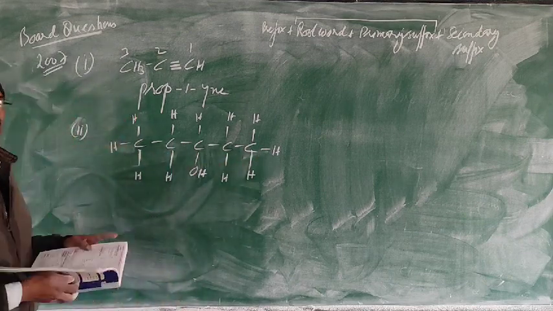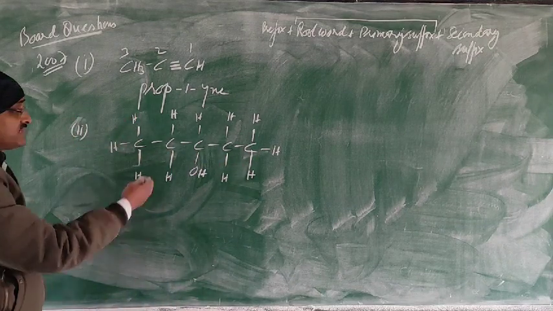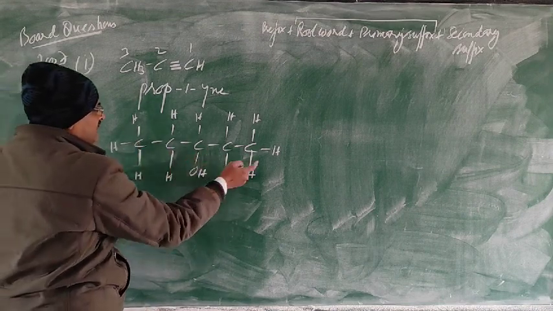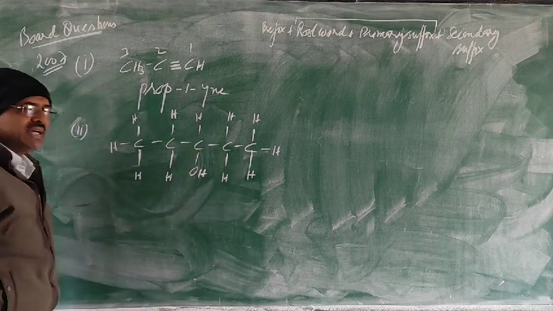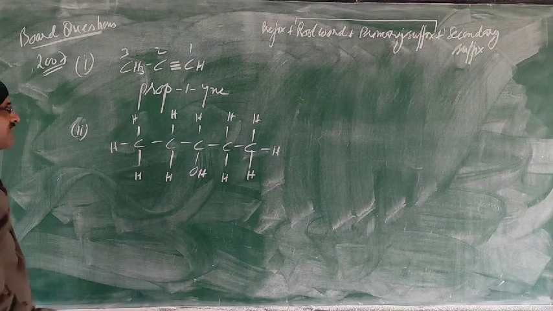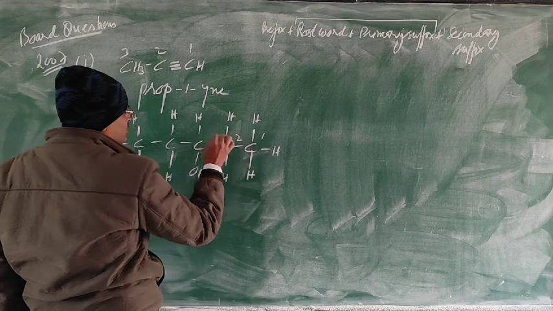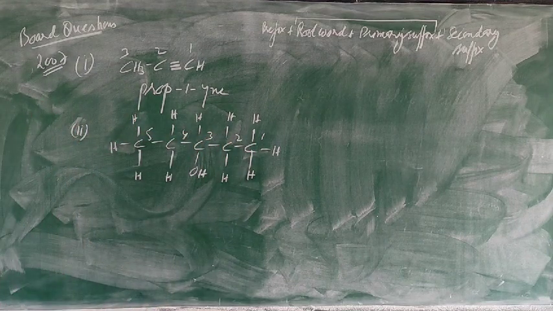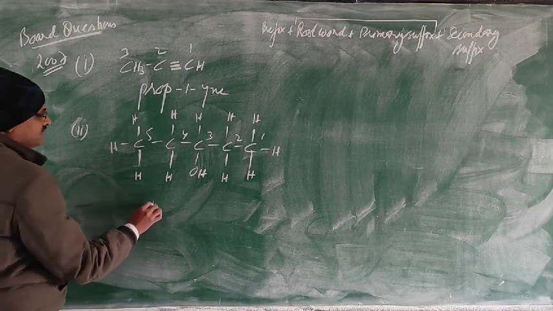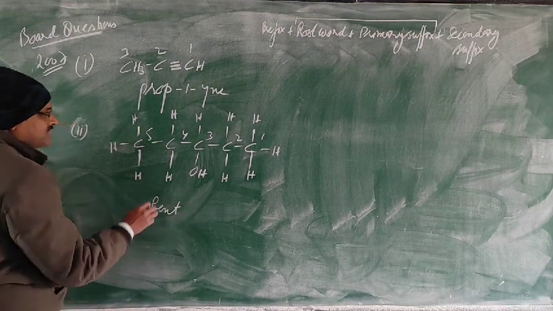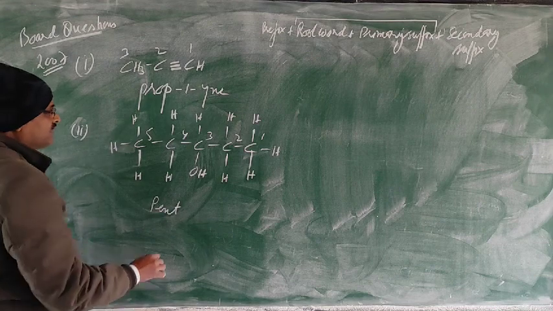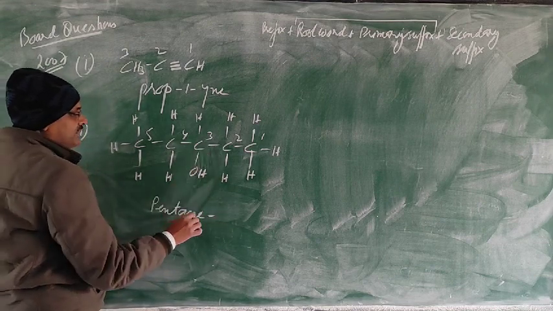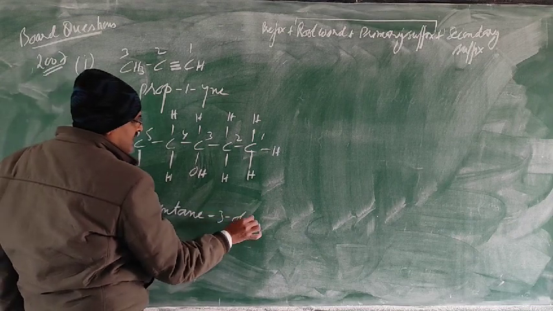You have to do the numbering from the end which is near to the functional group. Count 1, 2, 3; from any side you do the numbering, the third position is coming. So 1, 2, 3, 4, 5 carbon atoms, so the root word is pent. Only single bonds are there, so ane. Then the OH group is on the third position.